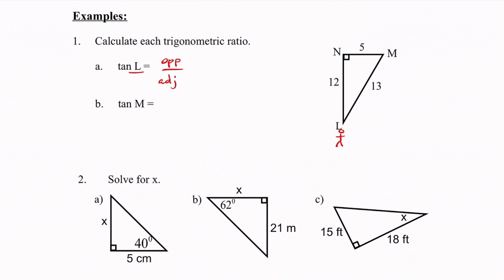If I was in this corner, going way over to the other side, that is opposite. And then the adjacent is the nearby side, but not the hypotenuse. So it might help to write which one's the hypotenuse. That's this really long side. So that means that this side has to be adjacent. So here's opposite, here's adjacent, it's just 5 over 12. And then always check to see if you can simplify your fraction. In this case, we can't.